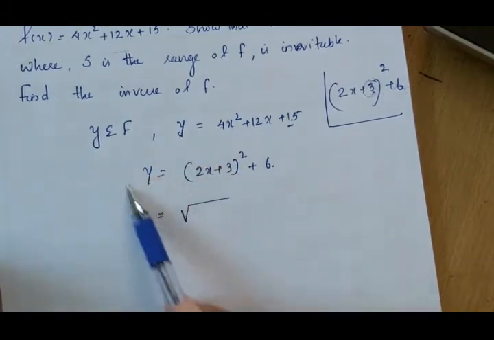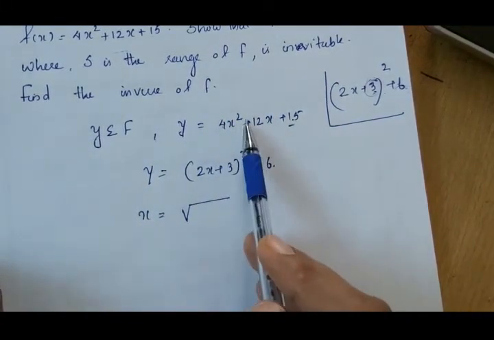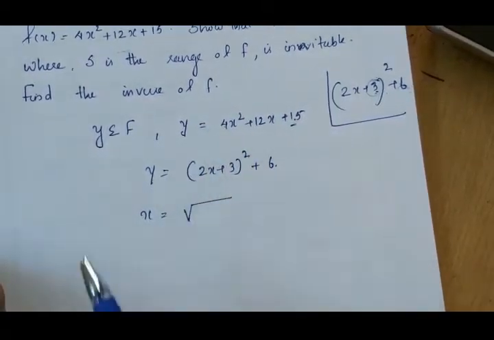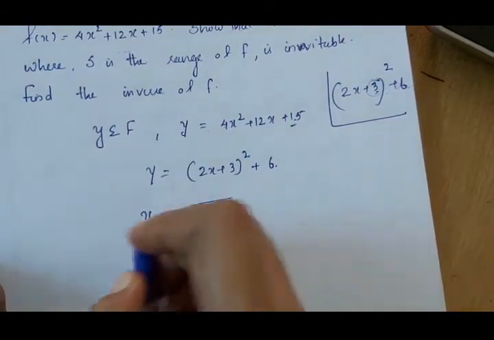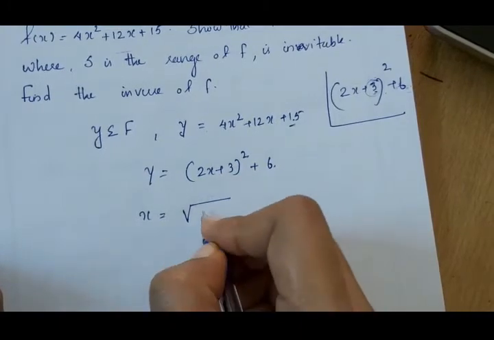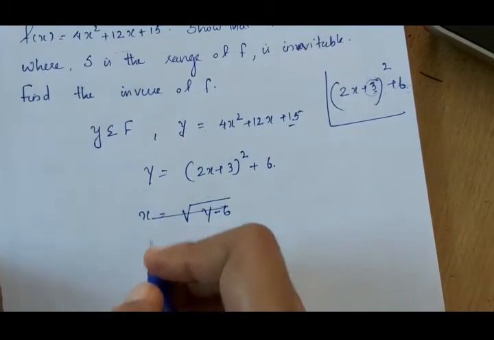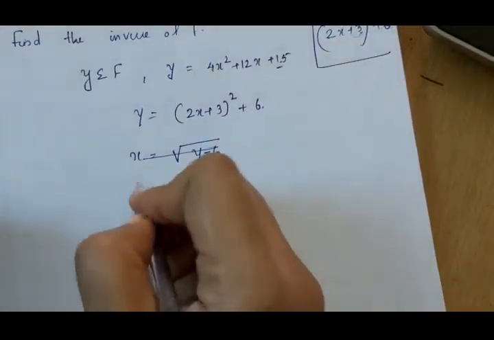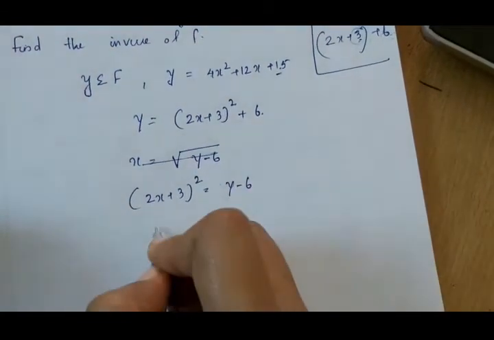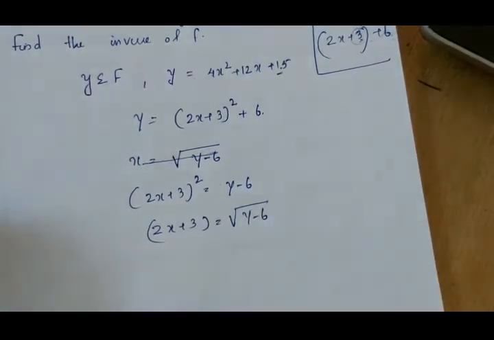That is why we followed this format. 2x plus 3 the whole square is equal to y minus 6. 2x plus 3 is equal to root of y minus 6.